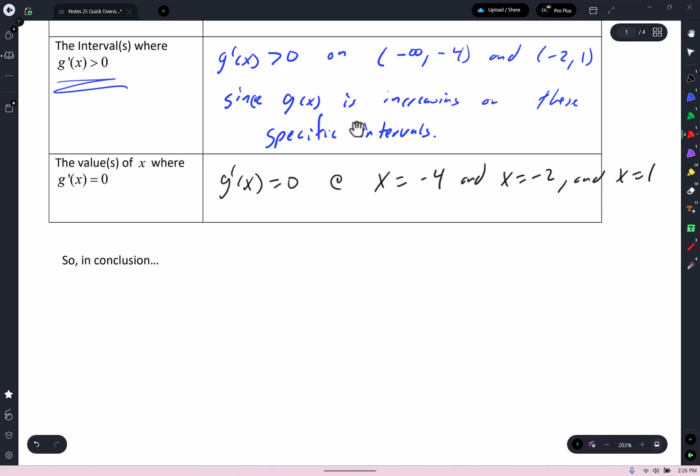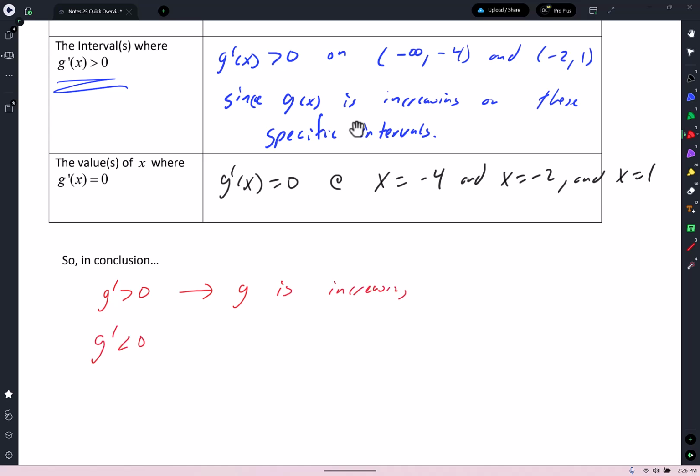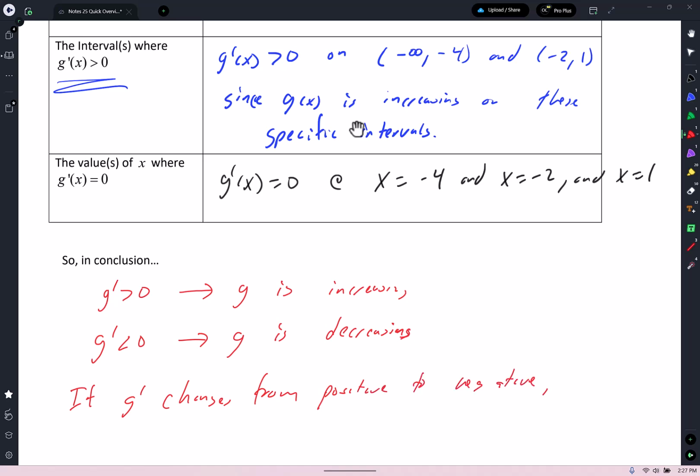So in conclusion, here's what we've got to know. If g prime is positive, g is increasing. If g prime is negative, g is decreasing. You guys already know that. If g prime changes from positive to negative, what does that mean for g?